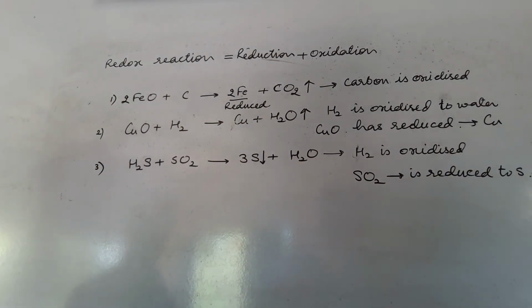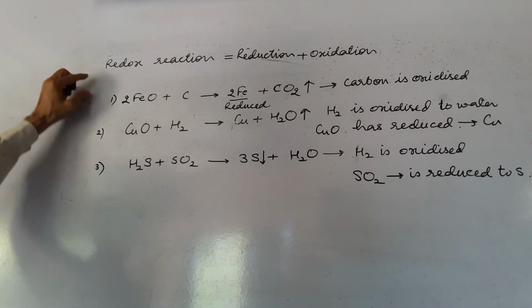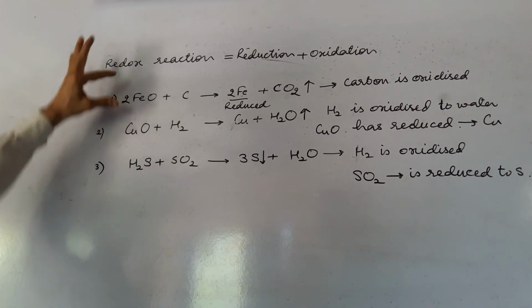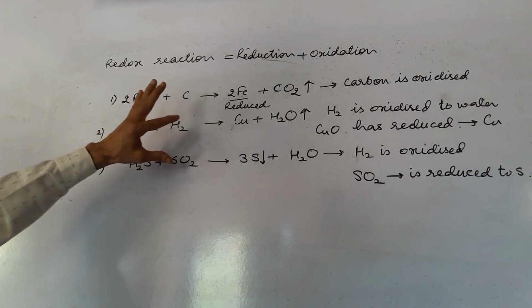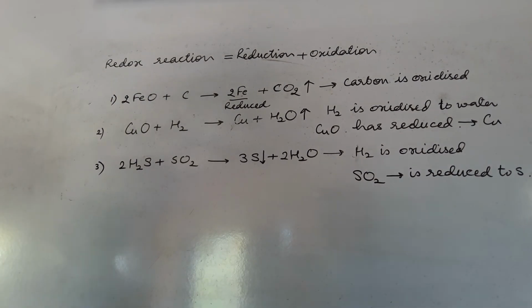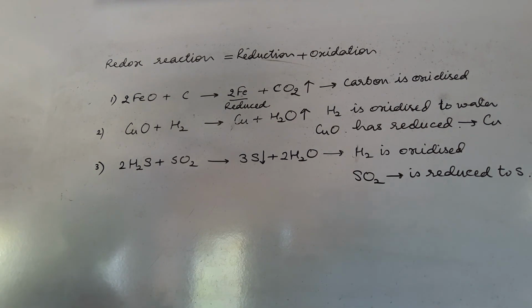So whenever they ask what a redox reaction is and to give an example, you can give any of these three reactions. The first and second reactions are very easy. So in a redox reaction, both reactions take place simultaneously, oxidation and reduction.